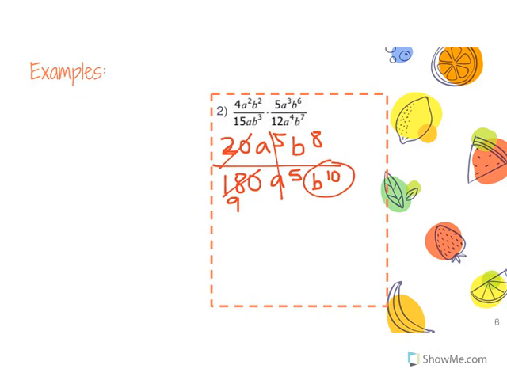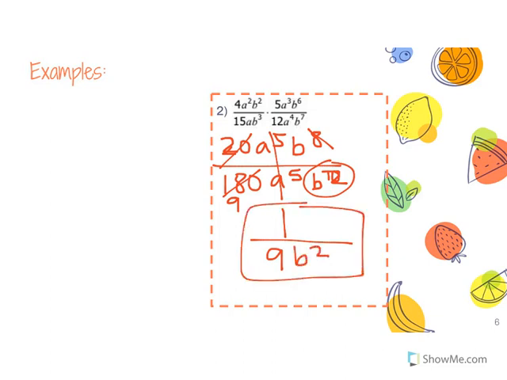I have the 1 from 20 going into 20 one time. That's actually all I have left up here because the a's cancel out. You have to write that 1 on the top. I have a 9 on the denominator, and then I have a b squared. So just 1 over 9b squared. So that's how we work with our monomials.